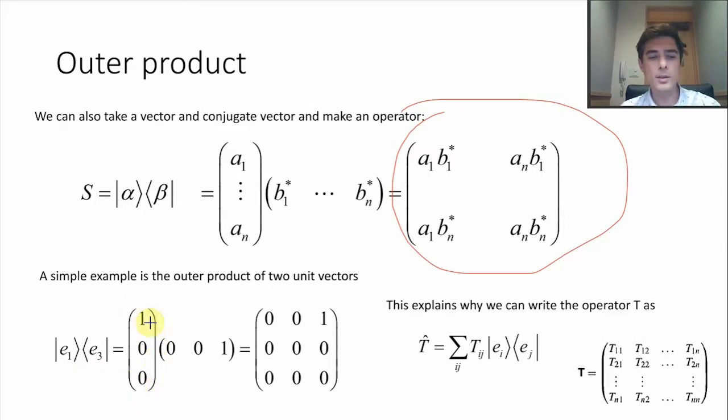E1 is the vector where the first component is 1, and E3 is the vector where the third component is 1. Then this makes a matrix where there's a 1 in one position and 0 elsewhere. This is why you can write any matrix by expanding it in terms of its matrix elements, multiplying by these outer products.